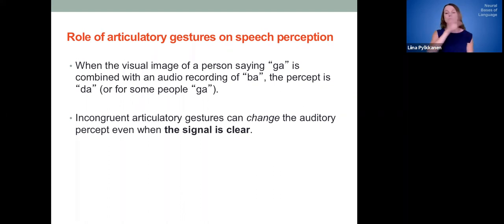Okay, so even in the presence of a totally clear signal, this is what happens completely reliably. And so this is an effect that replicates even if you've encountered it a million times. So you actually cannot use your top-down knowledge to kind of stop your brain from having the McGurk effect.